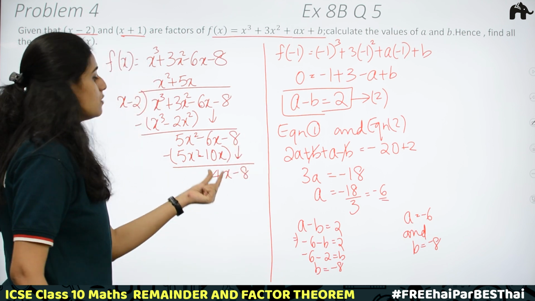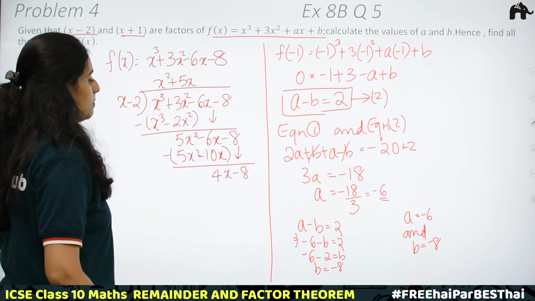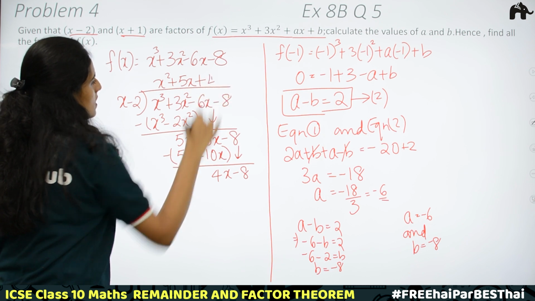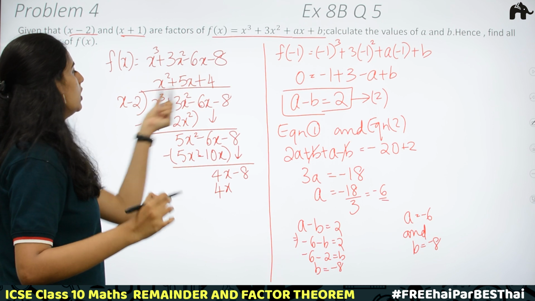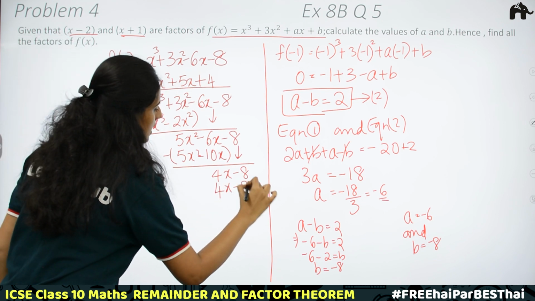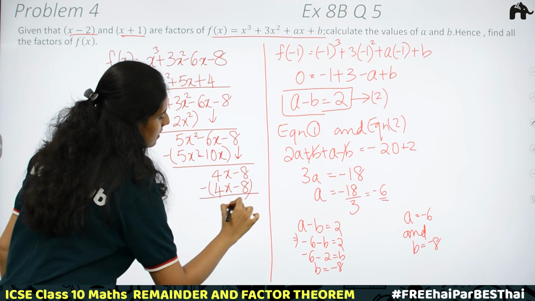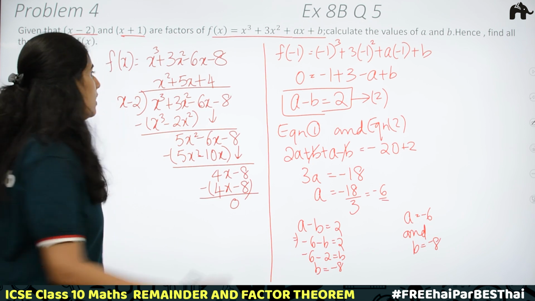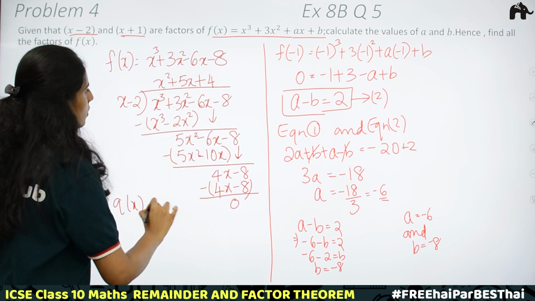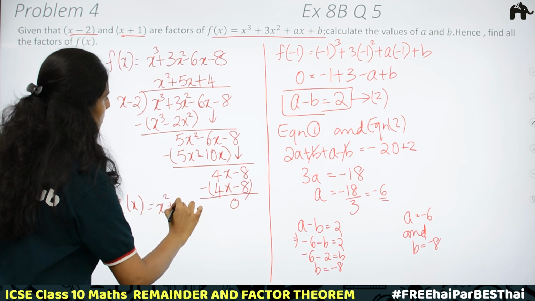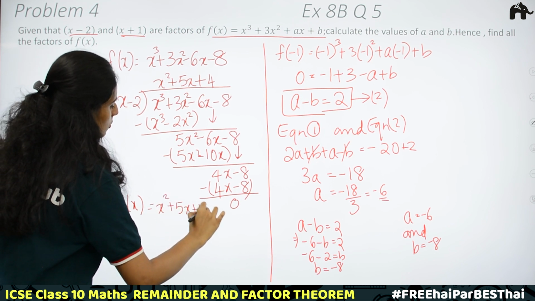Okay. To get 4x, x should be multiplied with 4 plus 4. 4 into x, 4x. 4 into minus 2, minus 8. Okay, subtracting this, we get remainder 0. Now here, the obtained quotient q of x is equal to x square plus 5x plus 4.